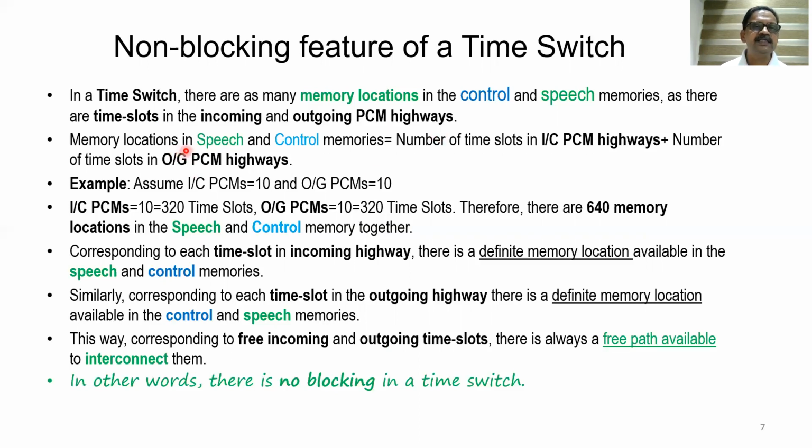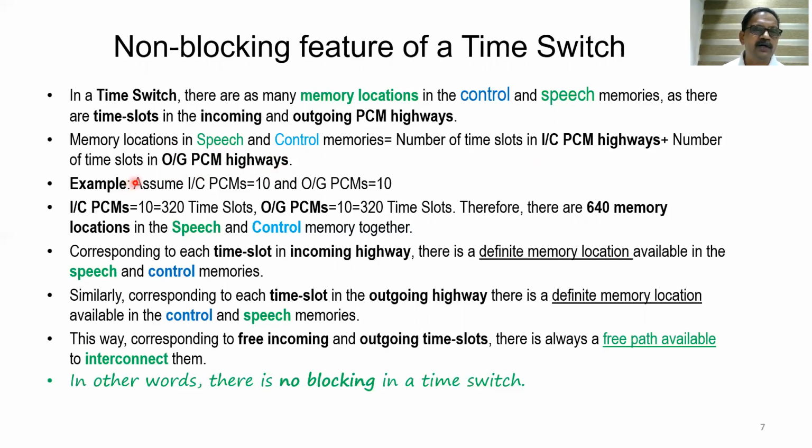Memory locations in speech and control memories is equal to the number of time slots in incoming PCM highways plus the number of time slots in the outgoing PCM highways.